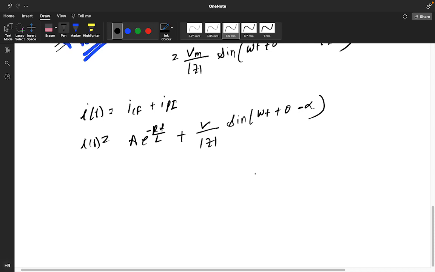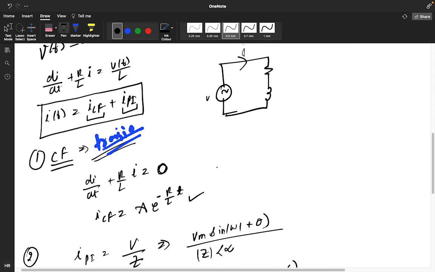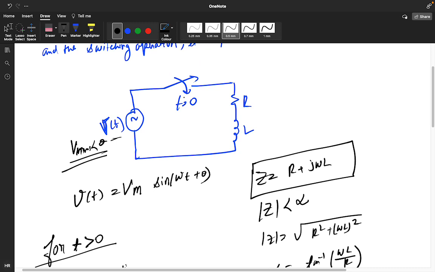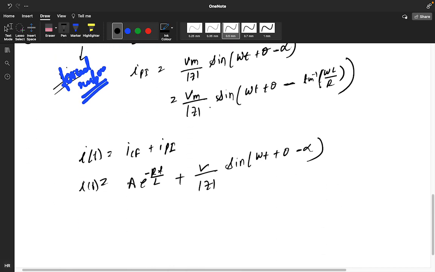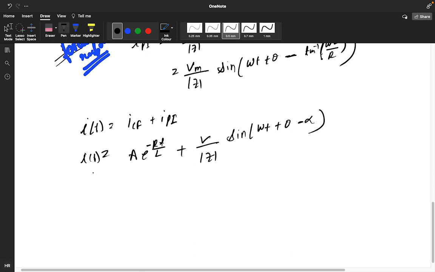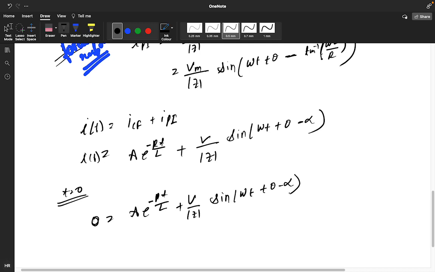Because i(0), the current before switching, was 0, as it was not connected, and our inductor will not allow a sudden change of current. This will be valid for both AC and DC. So at t equals 0, this is my 0, and this is A e^(-Rt/L) plus V by mod Z sin(omega t plus theta minus alpha).